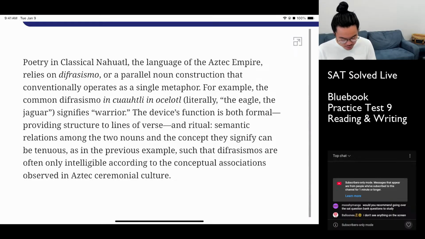That's kind of cool. The device's function is both formal, because it provides structure, and ritual, because of the relation between the 2 nouns, and they can be tenuous, such that they're only intelligible if you understand the culture itself.